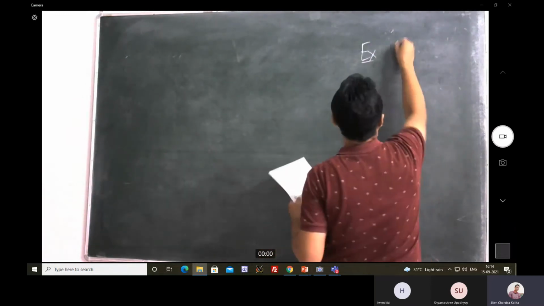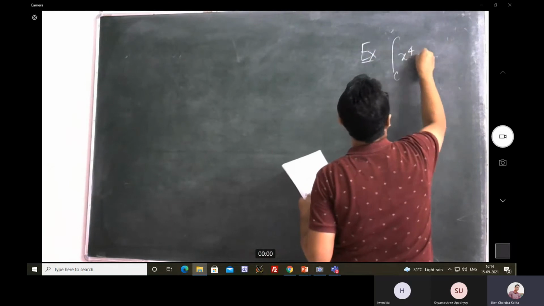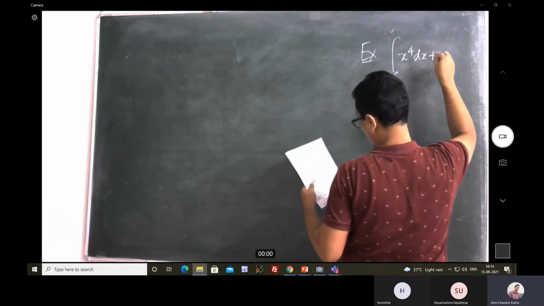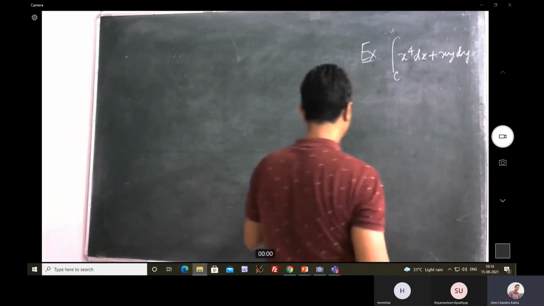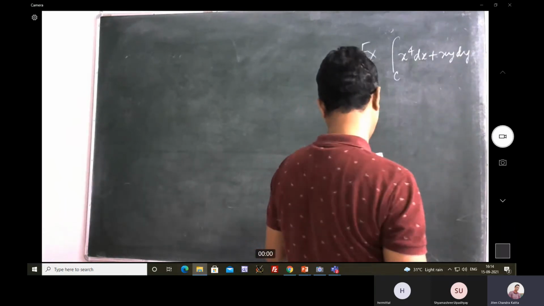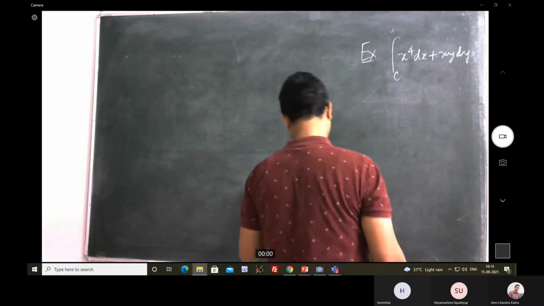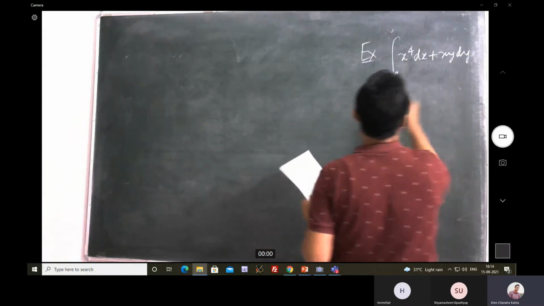Suppose you have to evaluate this: x to the power 4 dx plus xy dy, where C is the triangular curve.